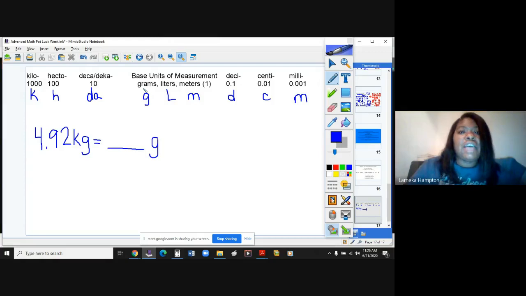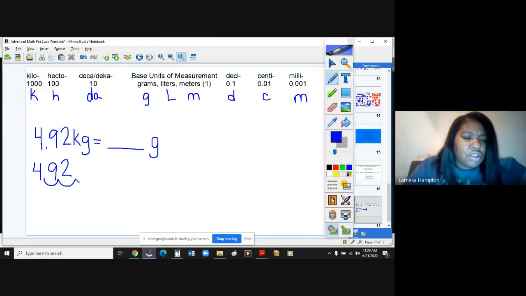However many times I moved up here, I am going to move my decimal the same amount. So that's going to be 1, 2, 3. So my answer is 4,920 grams.